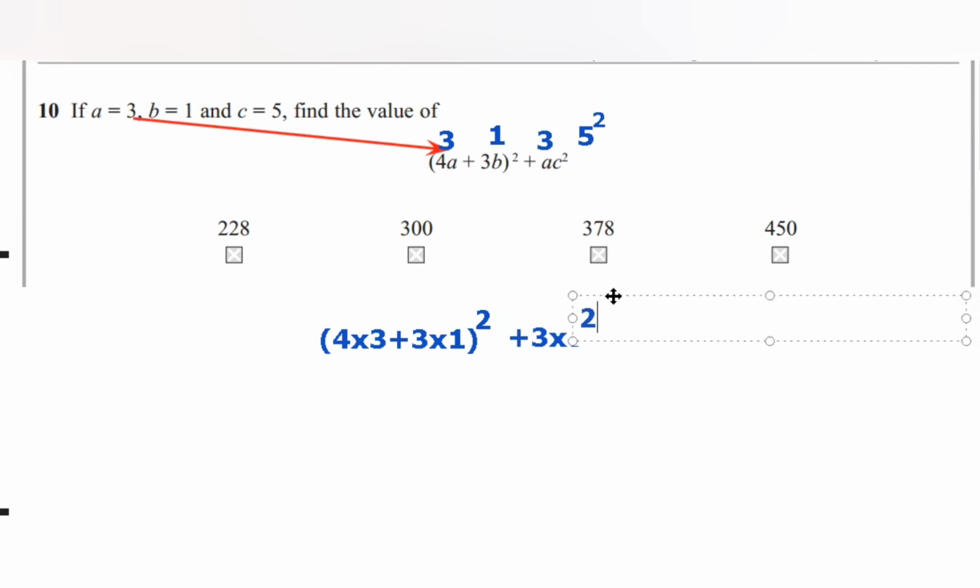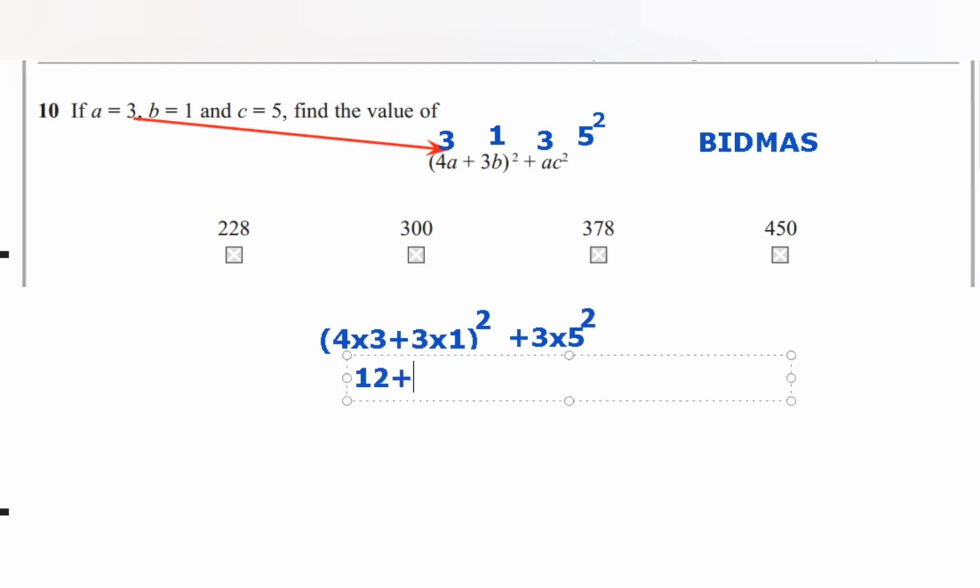Good. Now we're going to finish each part depending on the BIDMAS that we talked about before. We said that BIDMAS means what? It means the order of operations. So B means brackets. So finish what's inside the bracket first. Let's finish it. 4 times 3 is 12. And then plus 3 times 1 is 3.